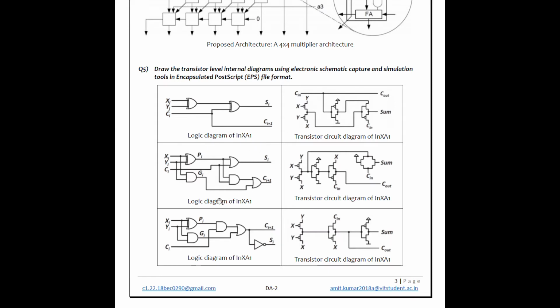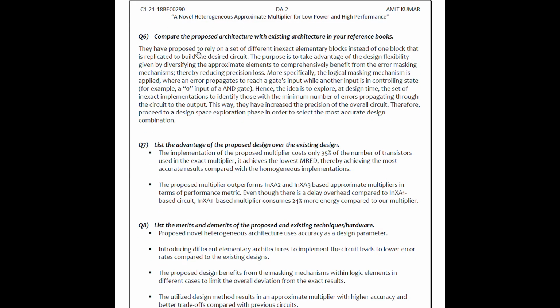This is the logic diagram of in XA2 and this is the logic diagram of in XA3, and these are their transistor circuits respectively. Again, in the sixth question, we were asked to compare the proposed architecture with the existing architecture that was there in the book.